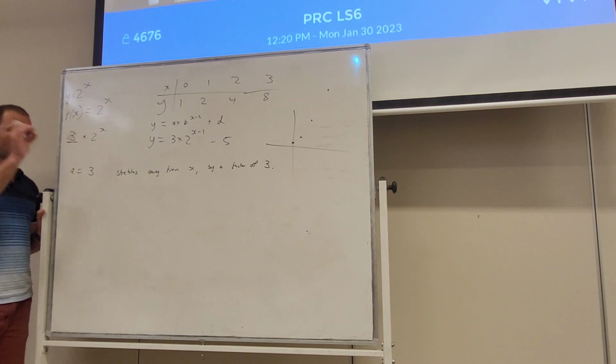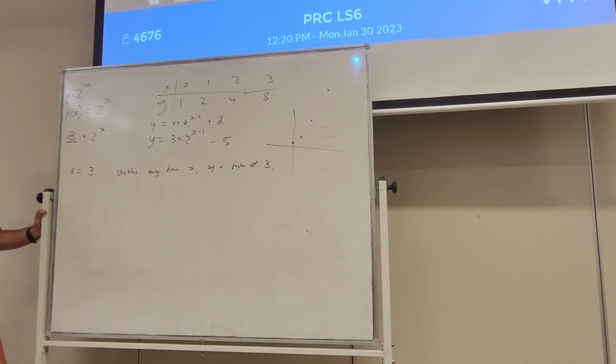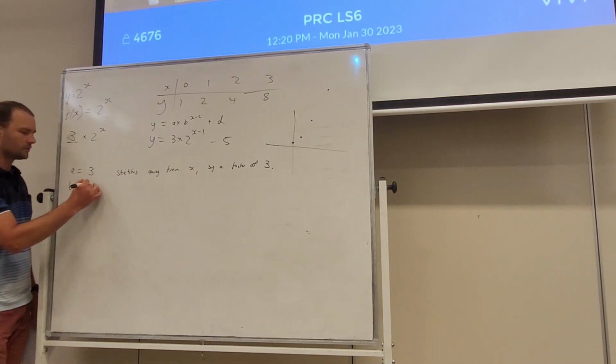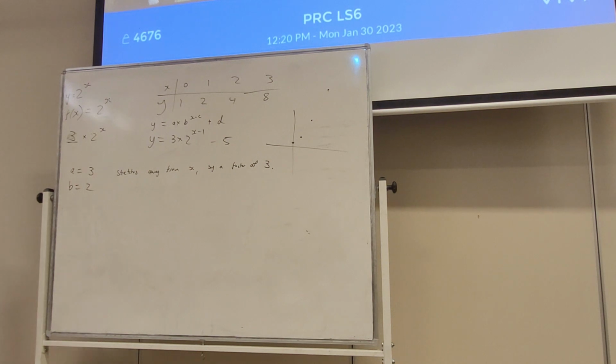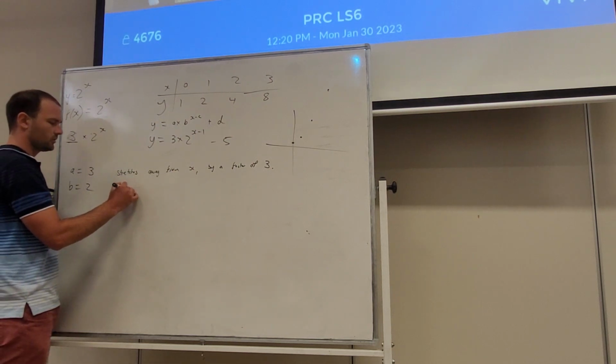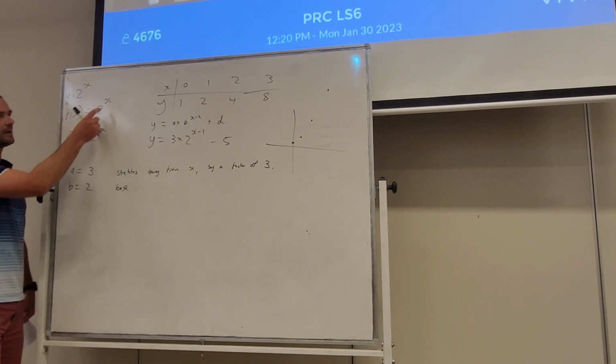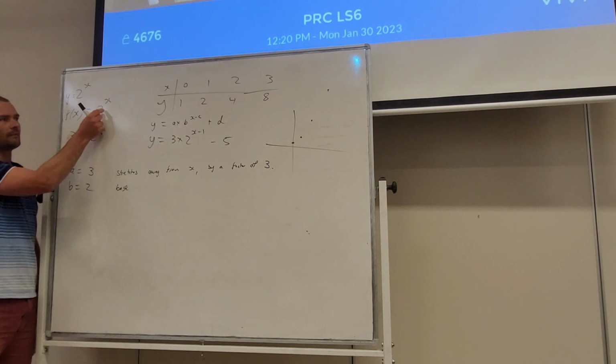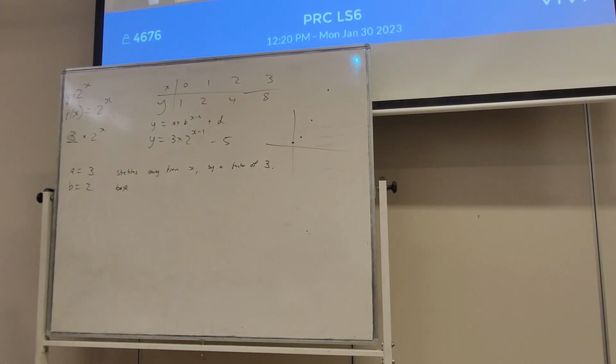So please, if you can't read anything, just ask me. I won't be offended. A is 3. Very good. Okay, what about B? B is 2. All right, B is 2. And that's the base of our function. It's an exponential function. All right, remember with exponents, we have the base and the power. We have the base and the index.